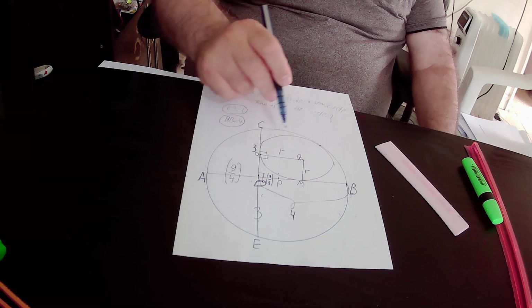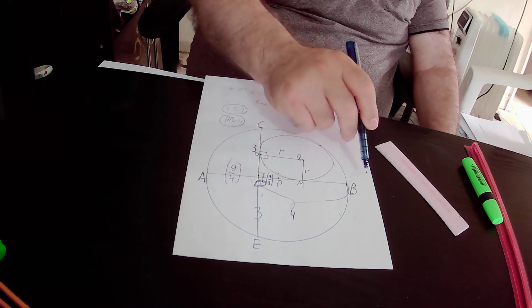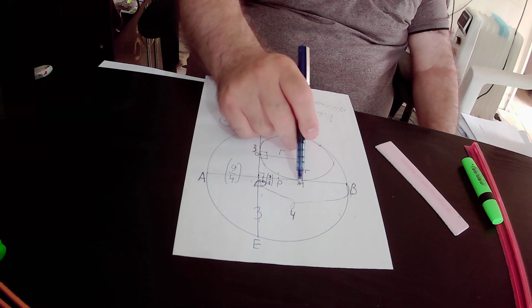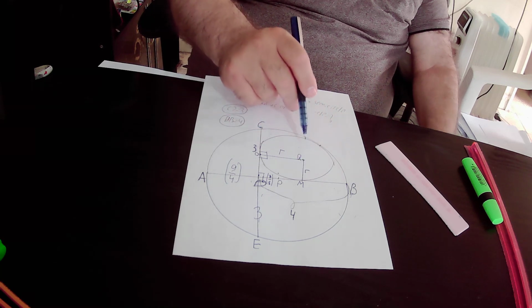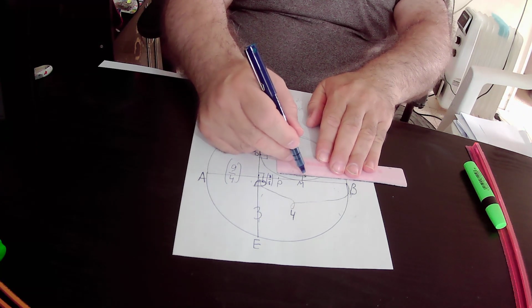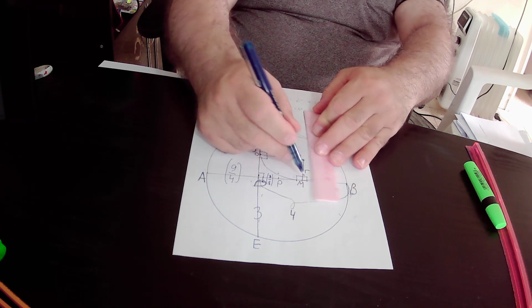And whenever you have a radius drawn to the point of tangency, the tangent DB will be perpendicular to the radius MQ. It means that this angle equals 90 degrees, and this angle will also equal 90 degrees.